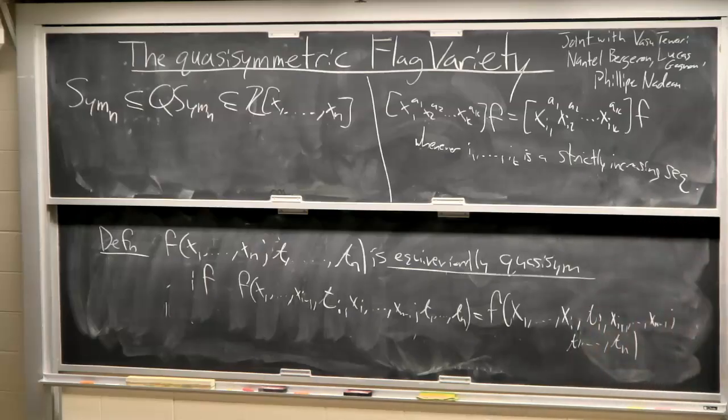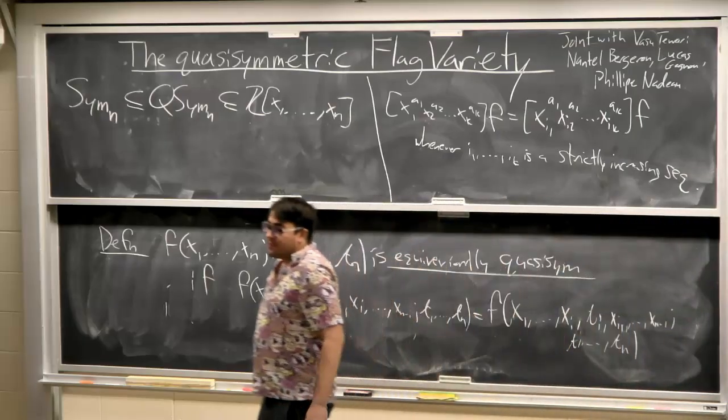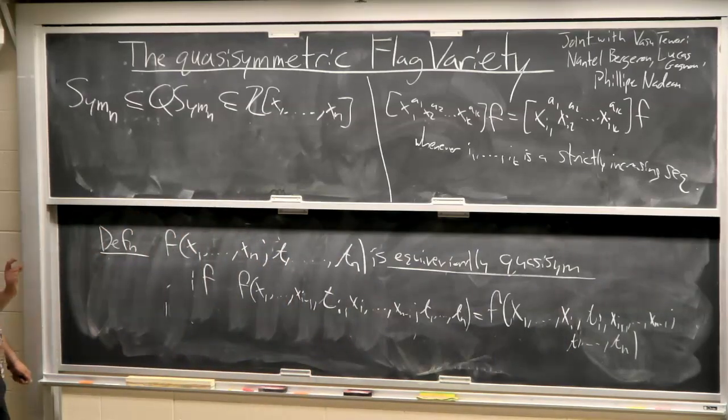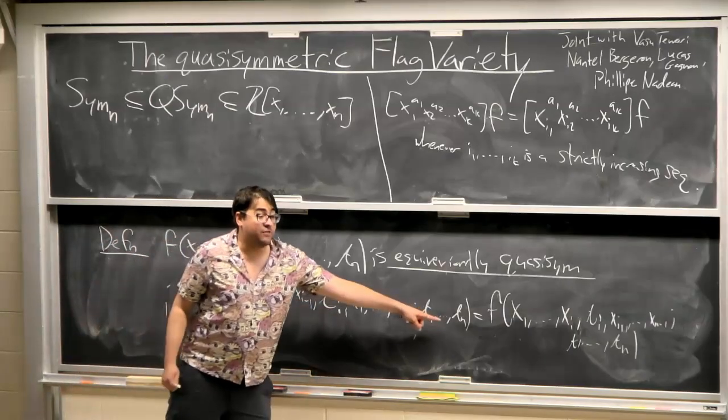Usual symmetry says that a function is symmetric if I can always swap the values of any two adjacent entries. Equivariant quasi-symmetry is by definition going to be the statement that you can only swap the contents of two consecutive entries, provided one of those two entries contains its favored value.